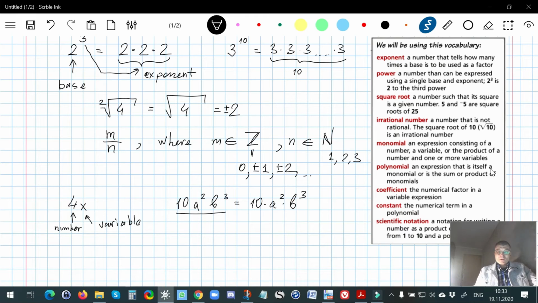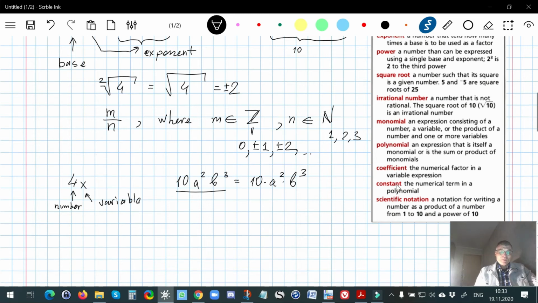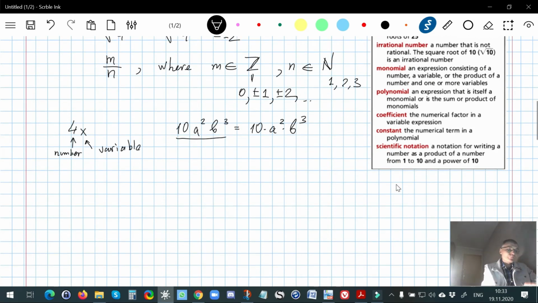Polynomial is an expression that is itself a monomial or is the sum of or product of monomials. So that's the example of a monomial, and polynomial.